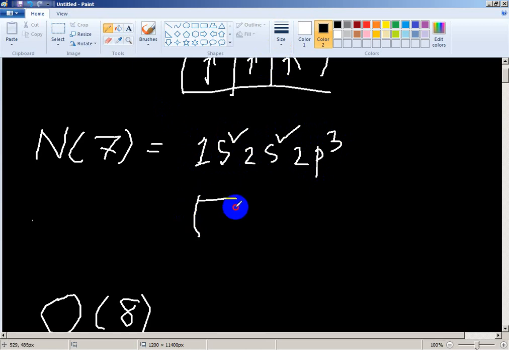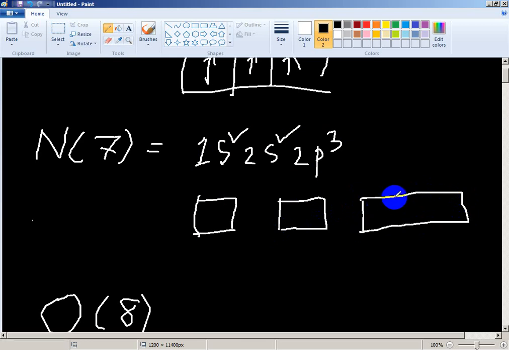It will be the electronic configuration: 1s orbital, 2s orbital, then 2p orbital. In the 1s orbital there are 2 electrons, first half filled, then paired. Then 2 electrons in the 2s orbital, half filled, then paired.